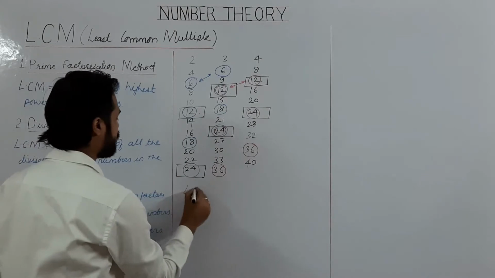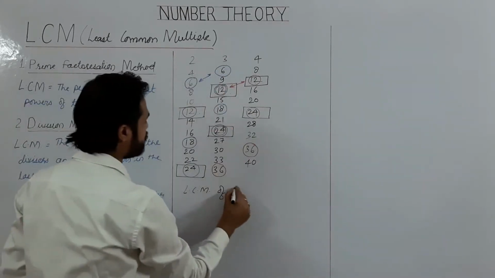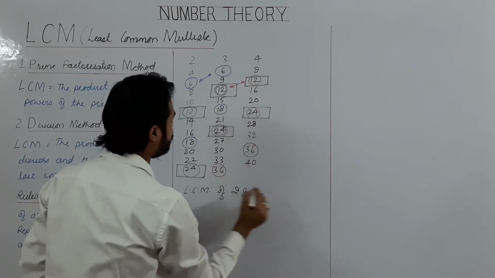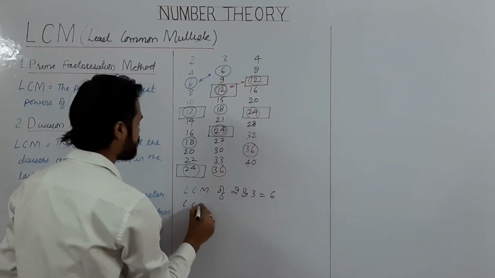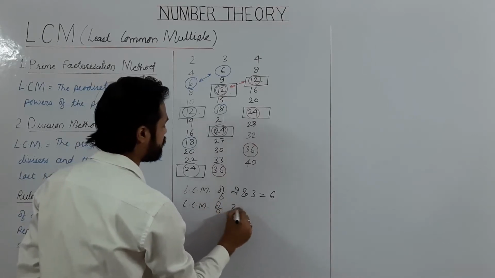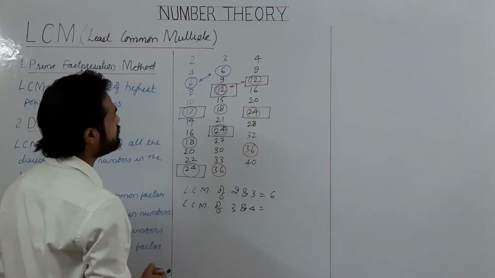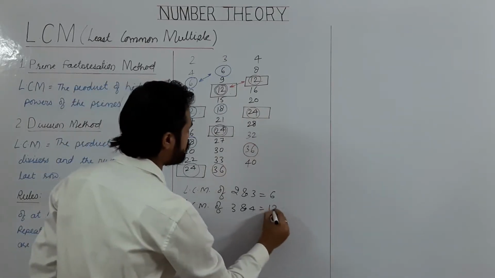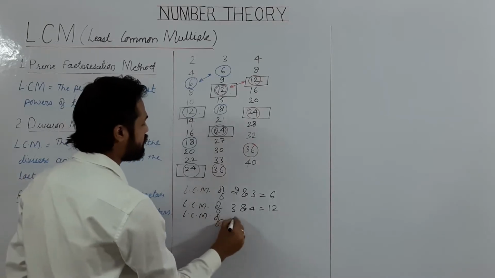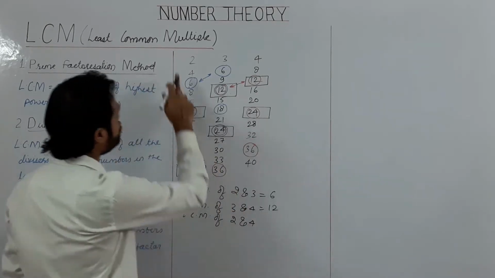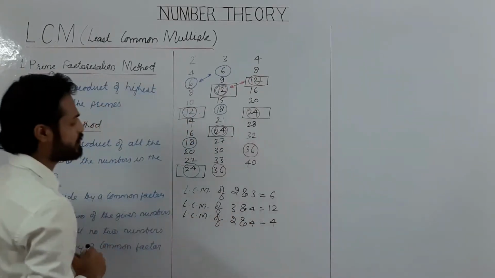So LCM of 2 and 3, the answer is 6. LCM of 3 and 4, least common multiple is 12. LCM of 2 and 4, answer is 4.